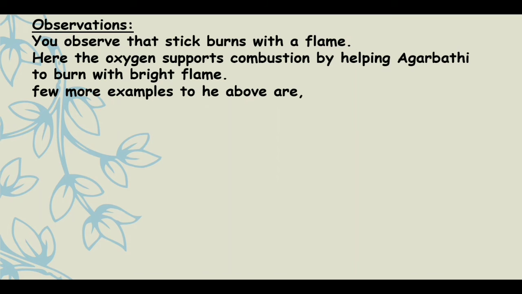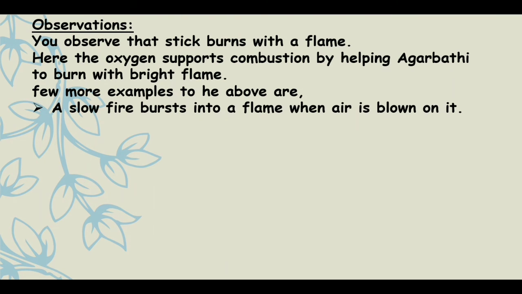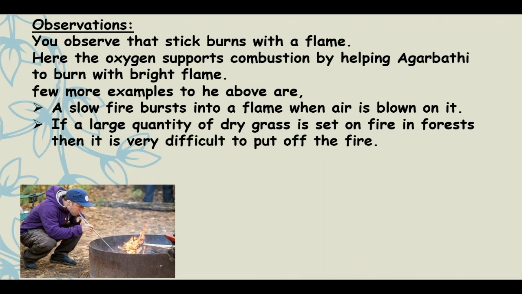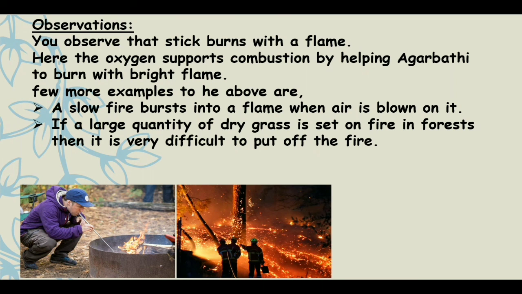A few more examples to the above are: a slow fire burns into a flame when air is blown into it. You can see the image of that. If a large quantity of dry grass is set on fire in a forest, it is very difficult to put off the fire because a lot of oxygen is available there to feed the fire.